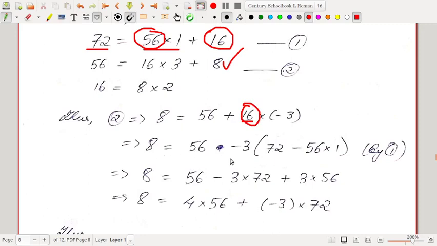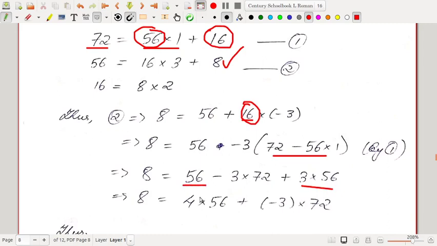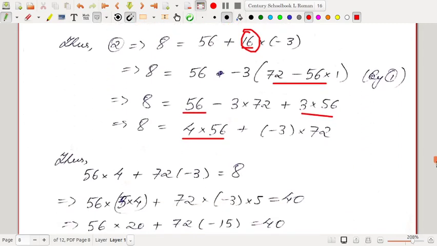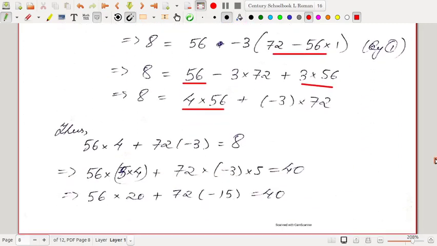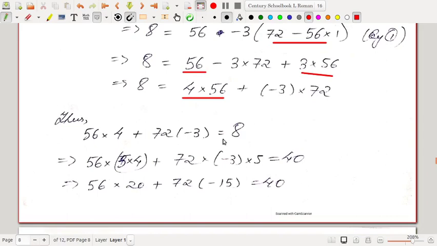So 8 can be written as 56 minus 3 into (72 minus 56). So you have 3 plus 1, that is 4, into 56, plus minus 3 into 72. Thus 56 into 4 plus 72 into minus 3 is 8.